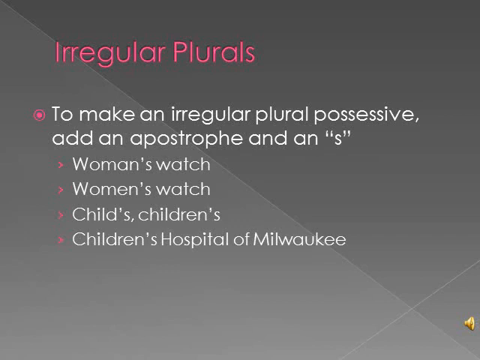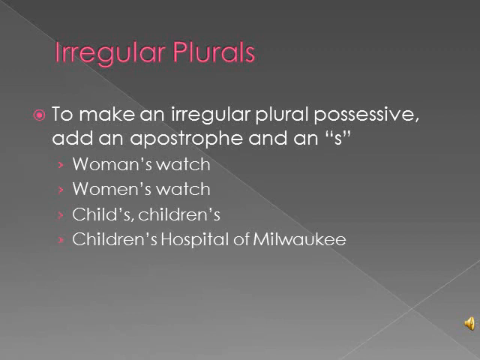Sometimes we have irregular plurals, and with that, we just do apostrophe S if we need to make it possessive, such as "a woman's watch." So one woman, apostrophe S. "Women's watch." Women is an irregular plural, meaning more than one woman.